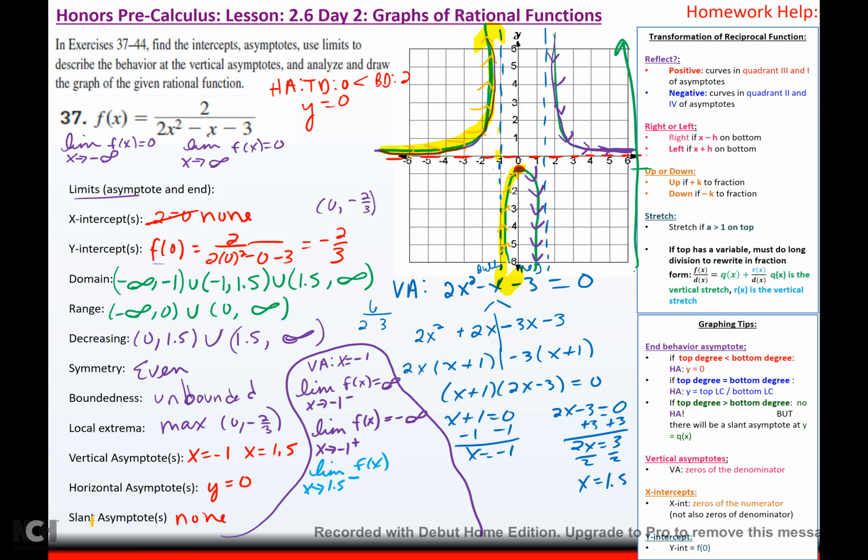As I approach 1.5 from the left, that's this side, I'm tracing this function, and it's heading down to negative infinity. Hold on, my pen is being stupid here. So we say the limit as x approaches 1.5 from the left, the function is going to negative infinity.